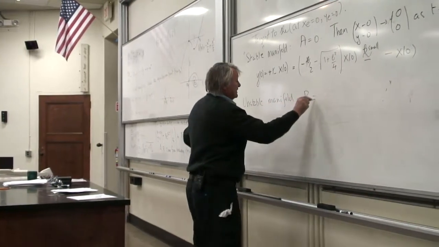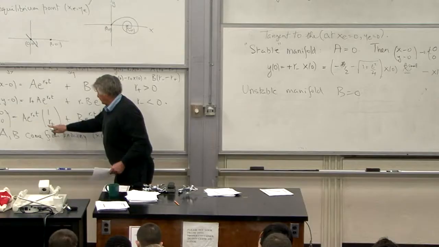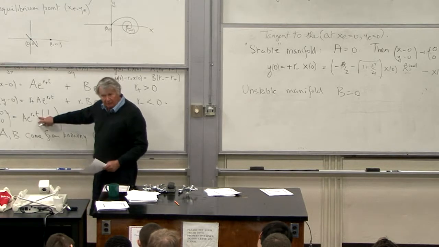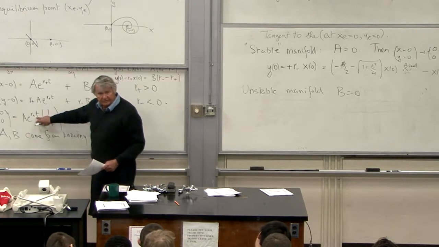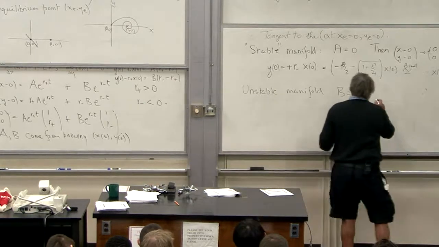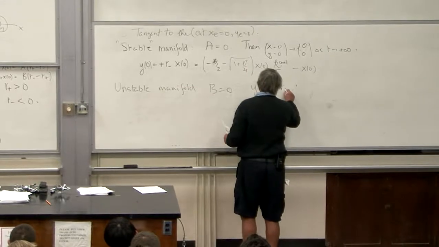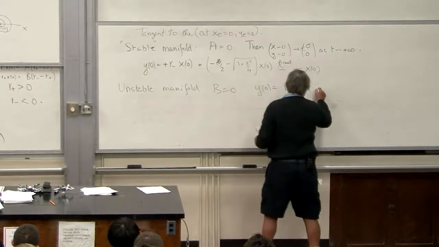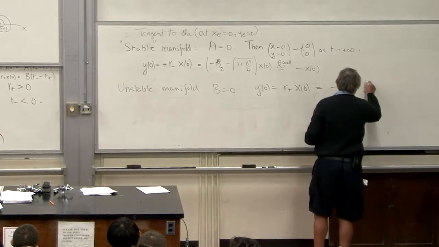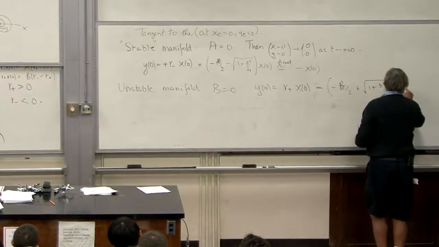will occur when b is 0. Because when b is 0, then this is gone. So now if I run time backwards, this goes to 0 as time goes to minus infinity. And this is y of 0 is equal to r plus x of 0. And this is equal to minus b over 2 plus the square root of 1 plus b squared over 4 times x of 0.